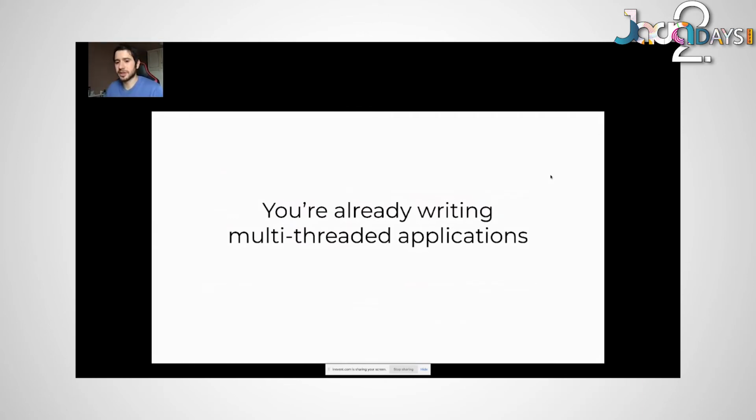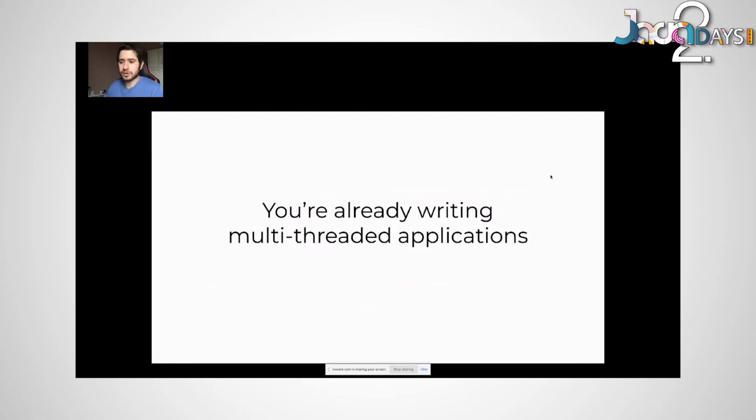For example, Spring. Every time you get a new request over the web, let's say a GET request or a POST request, the framework doesn't process those requests sequentially. It actually spawns several threads and processes those requests in parallel so that your application can scale better for the modern web.